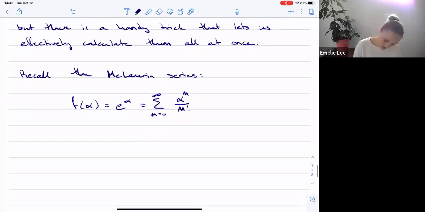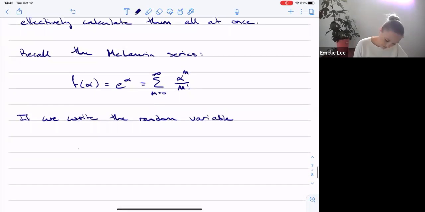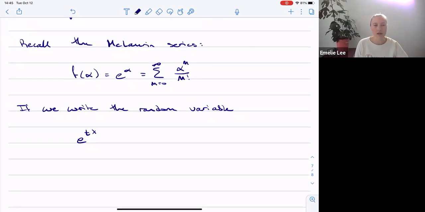So if we write the random variable e to the power of tx, where x is still the random variable, and replace alpha with t times x, I get (t times x) to the power of m.